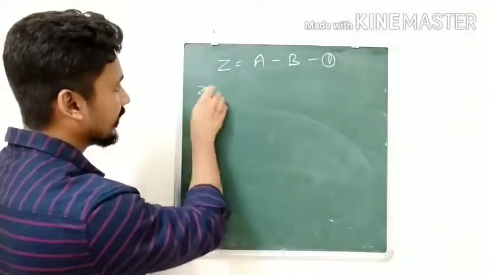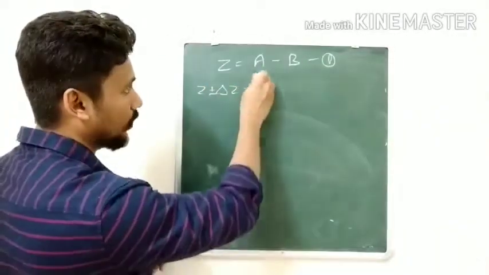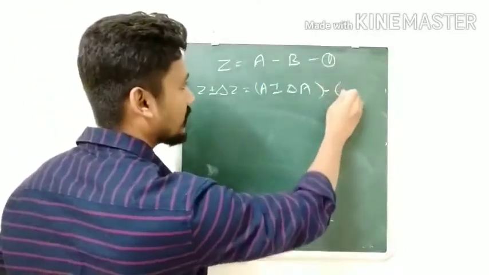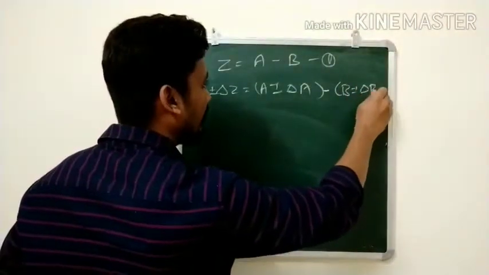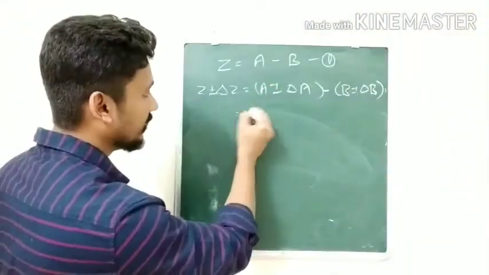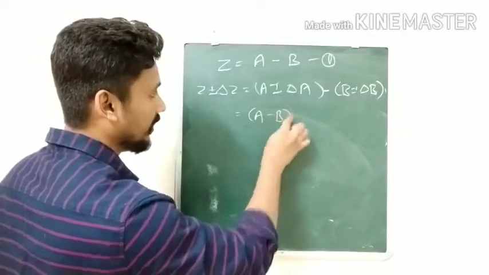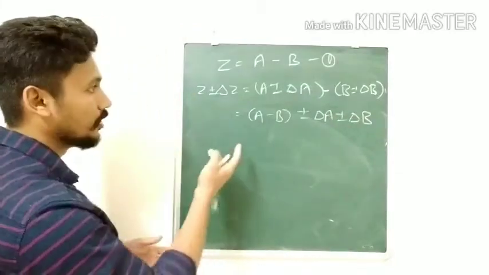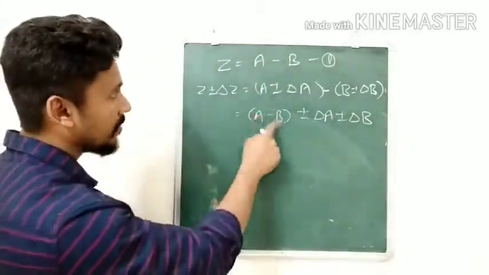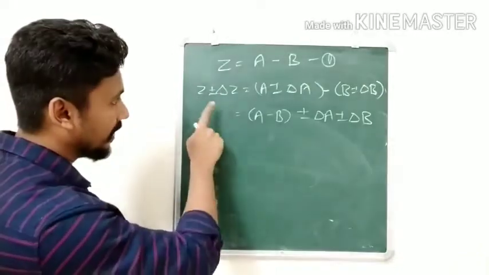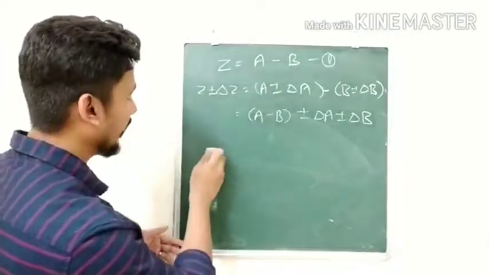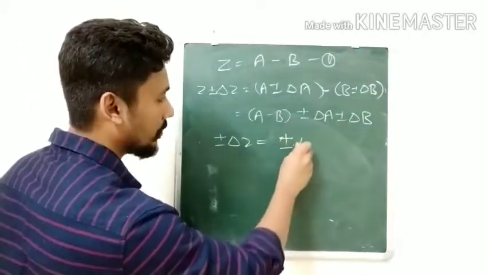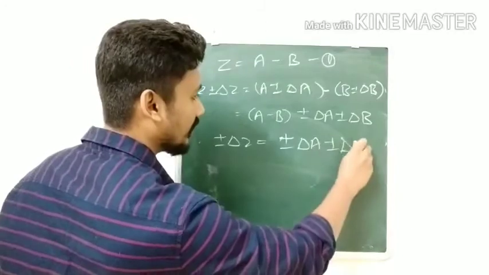Once again we can write Z plus or minus delta Z equal to A plus or minus delta A minus B plus or minus delta B. Once again rearranging, this will become A minus B plus or minus delta A plus or minus delta B. Again from equation 1 it can be seen A minus B is equal to Z. So again comparing RHS with LHS, you can write, therefore, plus or minus delta Z equal to plus or minus delta A plus or minus delta B.